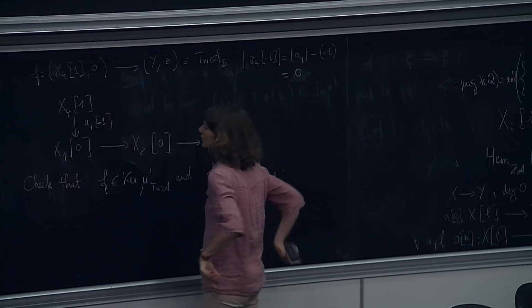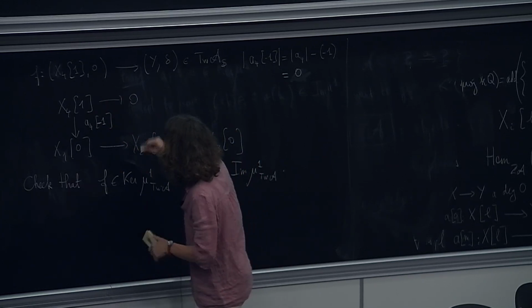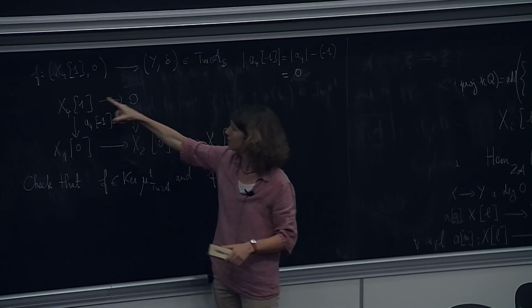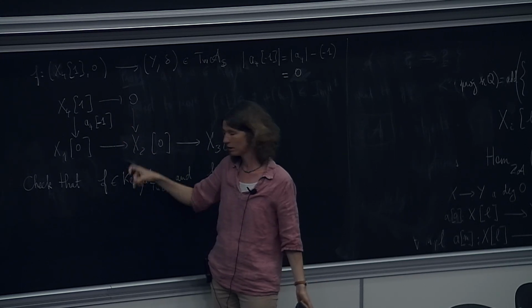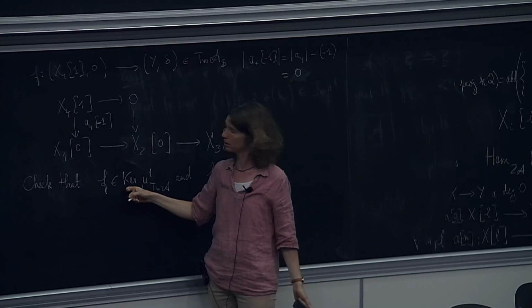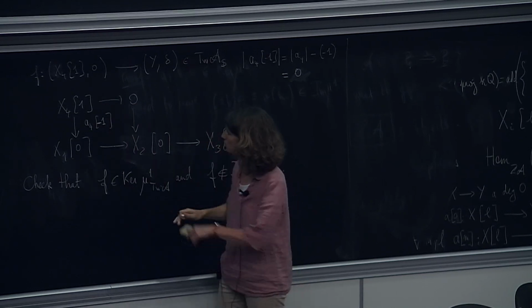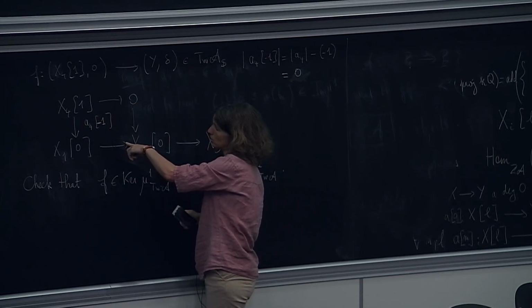So you can really think that you want to check that this square commutes if you want to be in the kernel of mu1.